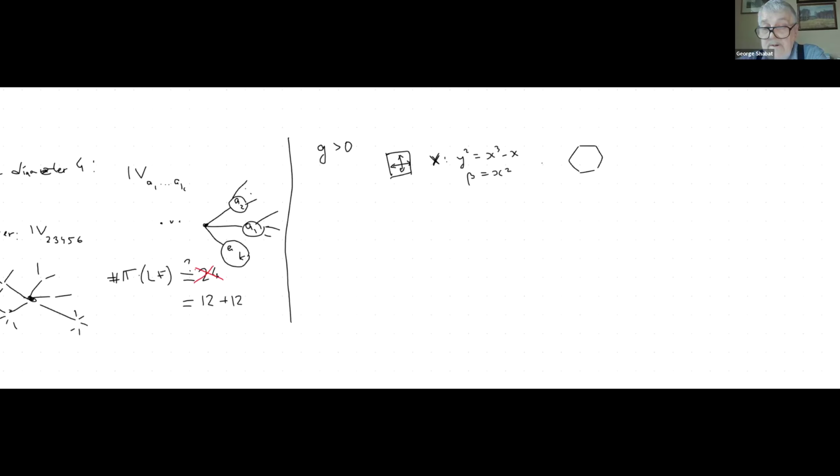If we realize the torus by the identification of the opposite sides of the hexagon, then I prefer to write it in the Fermat form, and beta y squared.